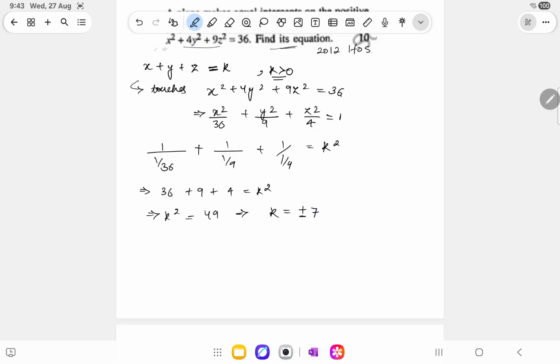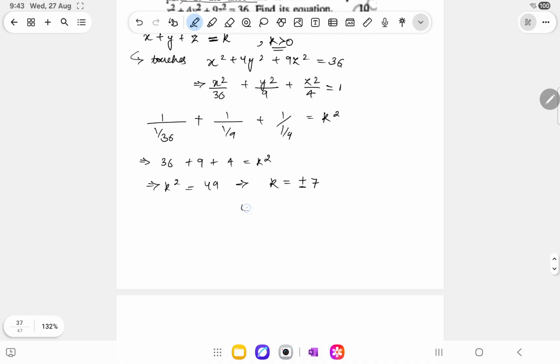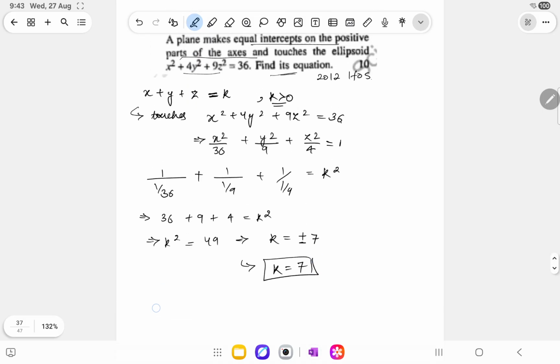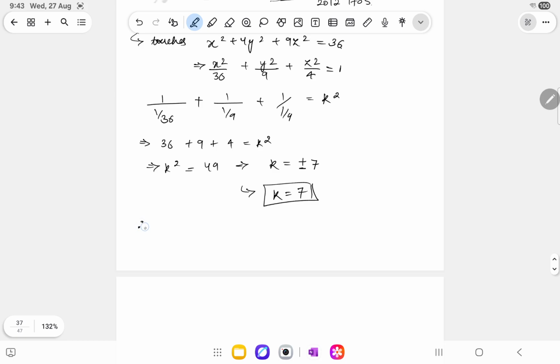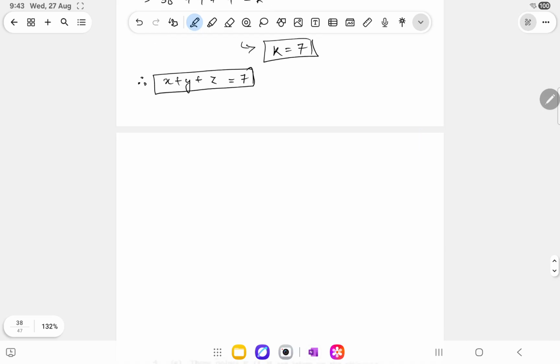But since the plane is making only positive intercepts, we can conclude that k is only positive 7, and we are negating the value k equals minus 7. So the equation of such a plane is x plus y plus z equals 7. That's what we were supposed to do in the question.